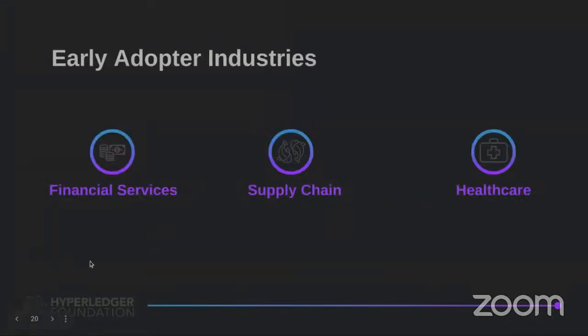So where has blockchain been adopted? I think blockchain is taking very major strides, majorly in financial services, supply chain, healthcare, environmental conservation. Social media is coming up.